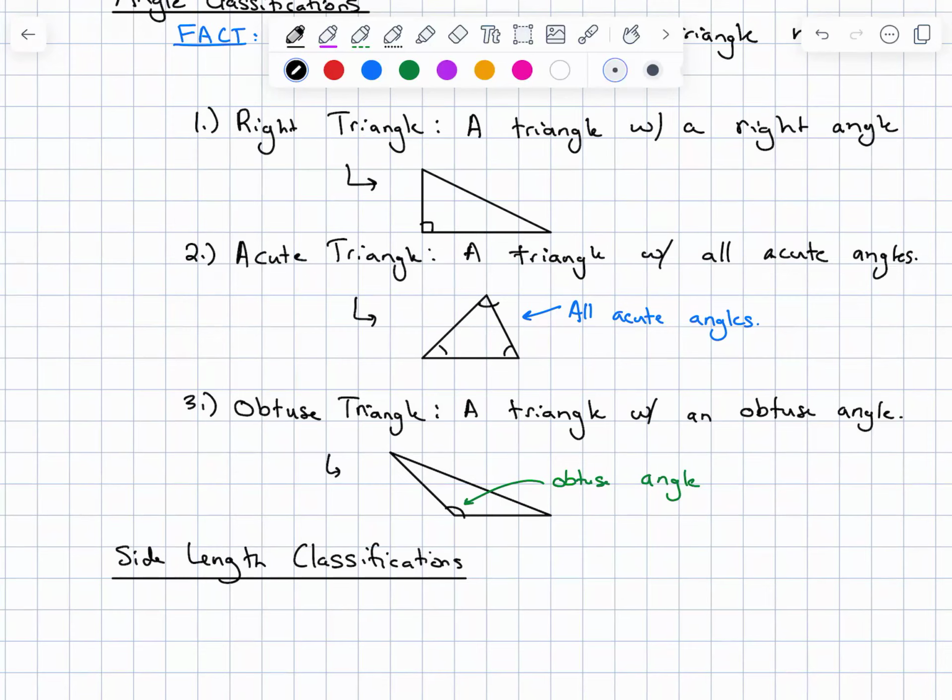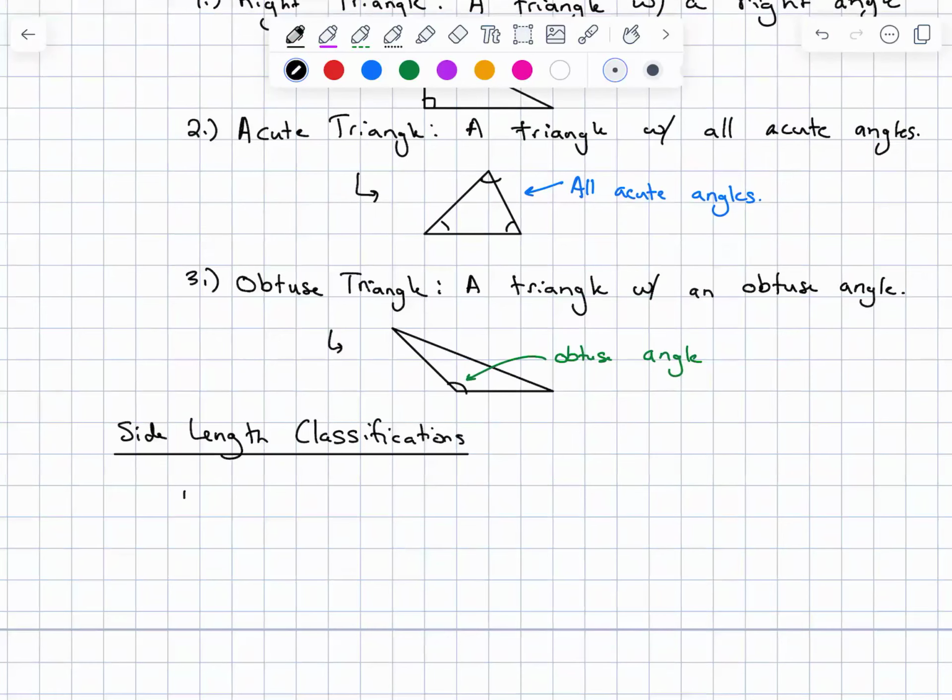Okay. So the first one is an equilateral triangle, which is where all side lengths are equal. A triangle with all sides of equal length.